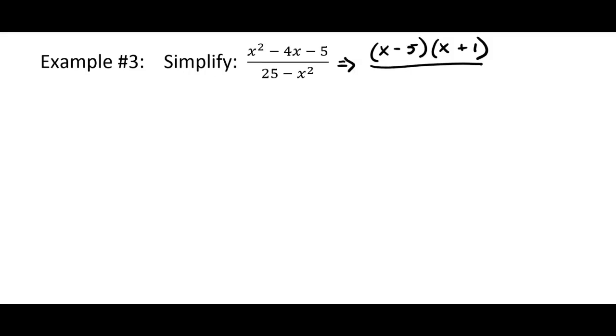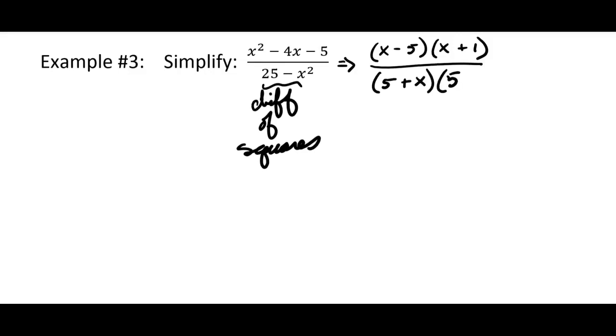In the denominator, you might say, well, that looks a little odd. Normally we have the x squared first, but it is the difference of squares. And so I'm going to factor it into 5 plus x and 5 minus x.